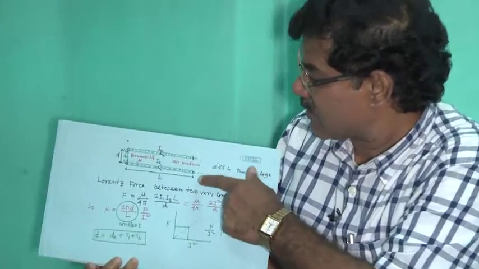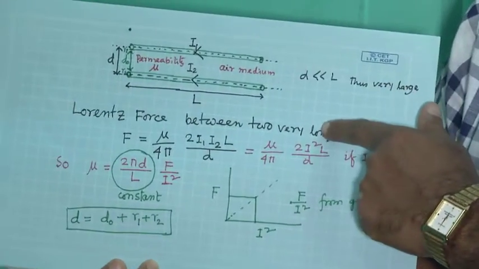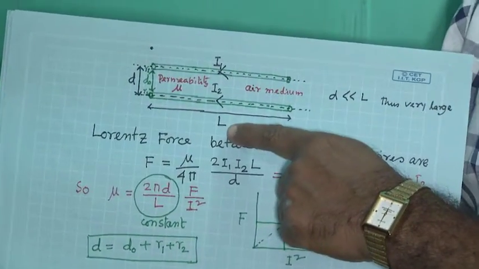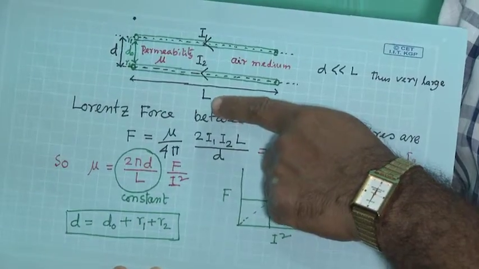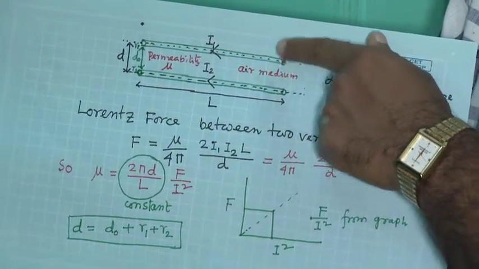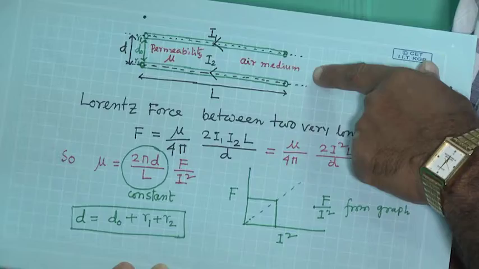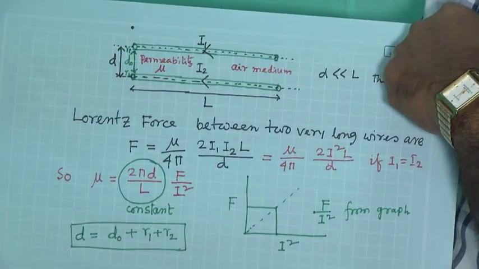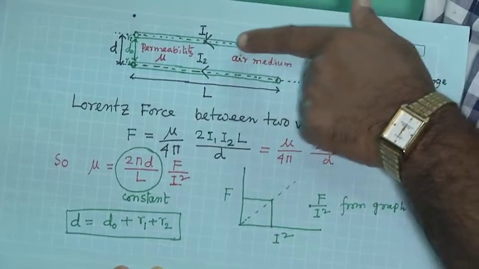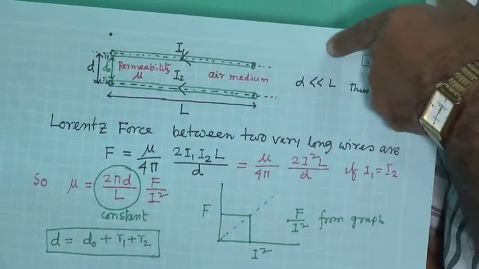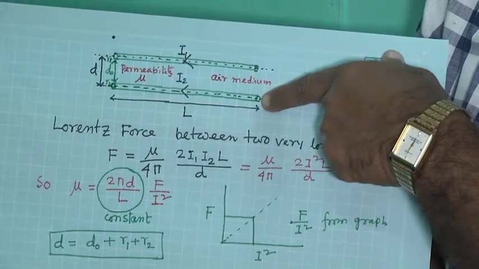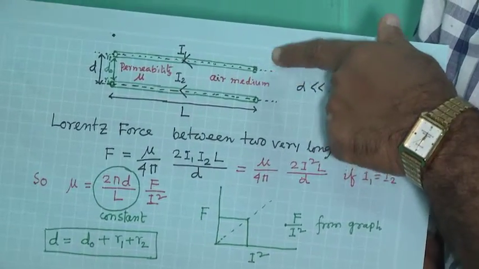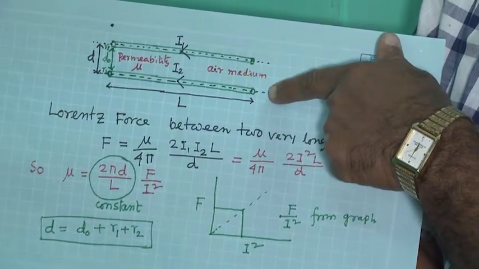So, here is a conductor, its length say is L, and current is flowing in these two conductors. They are separated by a distance D, okay. This is center to center, the axis of this wire and the axis of the other wire, the middle point of each wire.